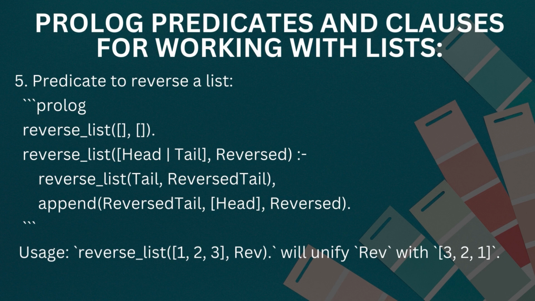How can you use this clause in an example? Suppose you have reverse_list([1,2,3], Rev). We will unify Rev with the reversed list, so we will get [3,2,1]. This is your reversed list.